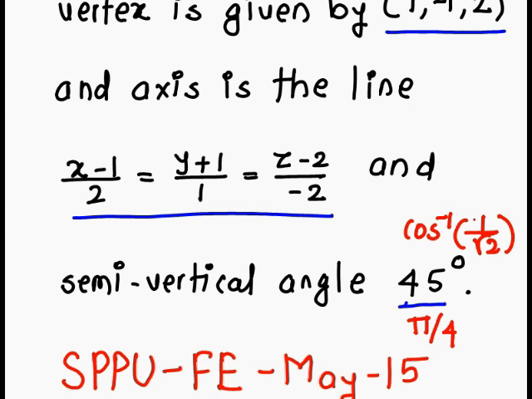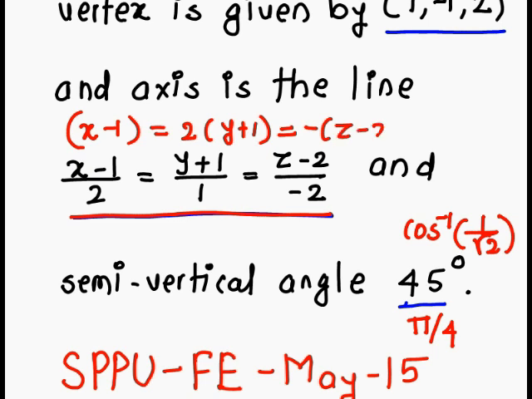One more thing, this equation of an axis can be written as x minus 1 is equal to 2 times y plus 1 is equal to minus z minus 2. So if you replace this with this, you get one more new question.